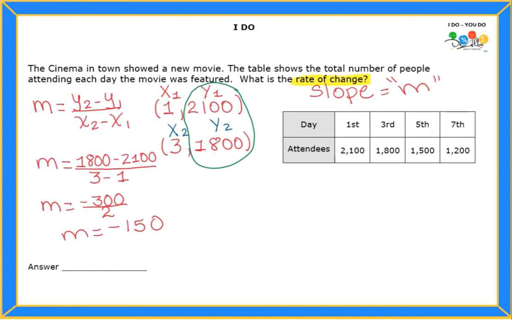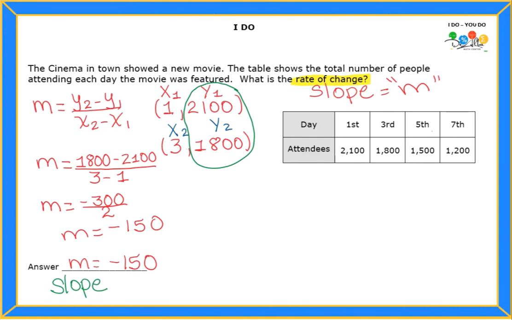Very good. So my answer for this will be m equals negative 150. And who is m? M is my slope.